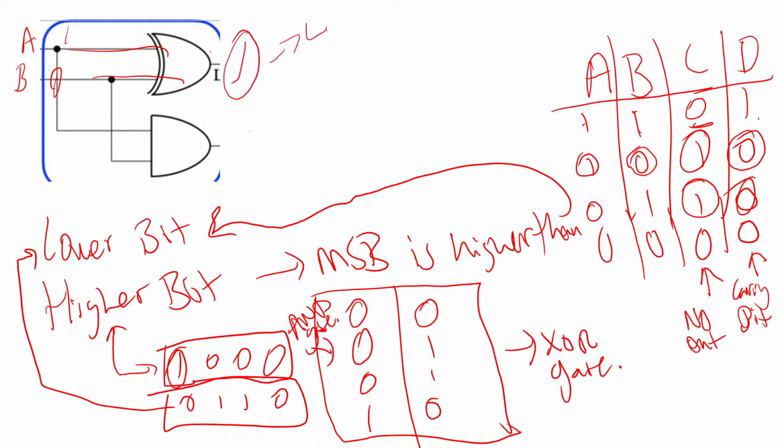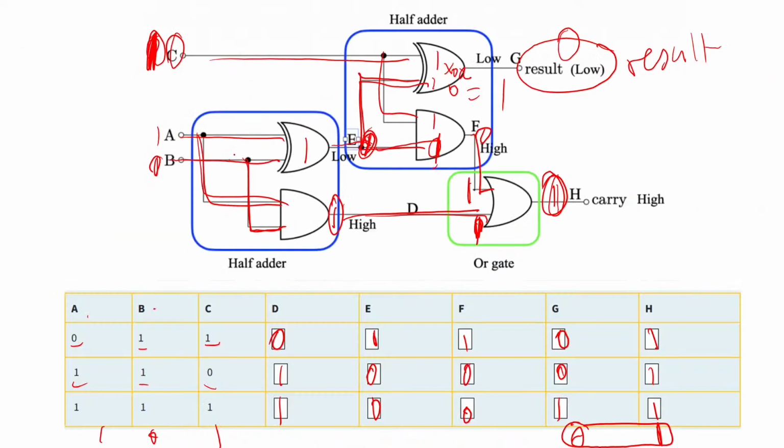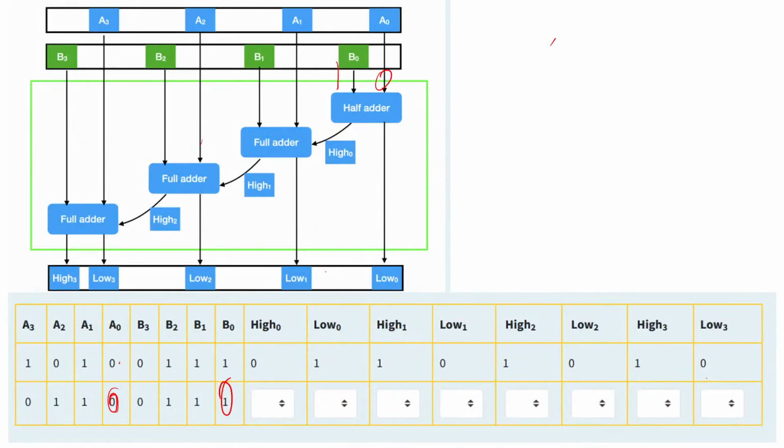This is the lower, this is the higher. 0 and 1 is 0, so the high is going to be 0 and the low is going to be 1.